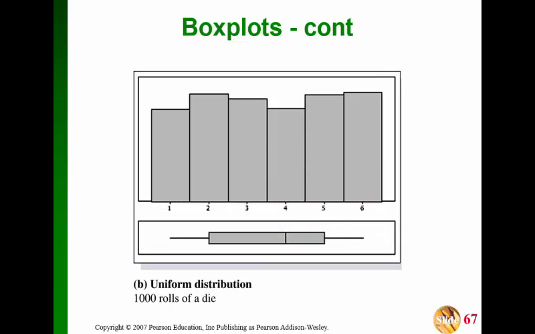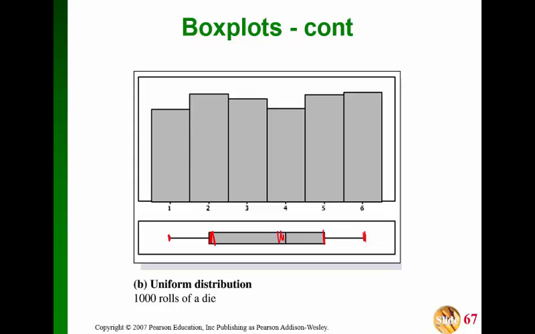If it was all pretty even, now this isn't exactly even, this isn't exactly in the middle, but that's probably okay. But in this case, the minimum, the Q1, the median, the Q3, and then the maximum are fairly even, then I would probably say this is what's called a uniform distribution, that it's all about the same.